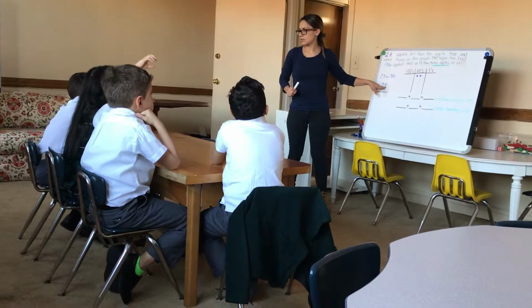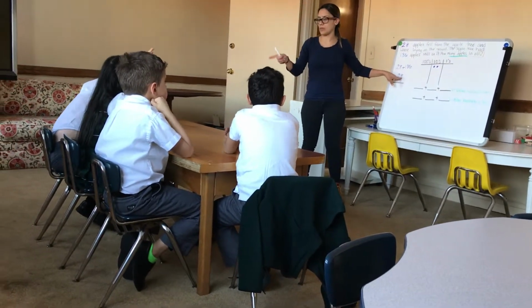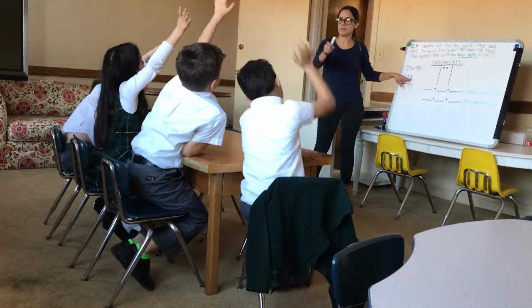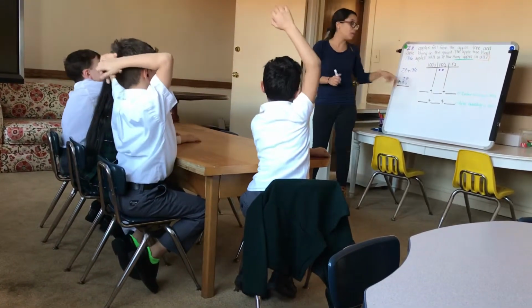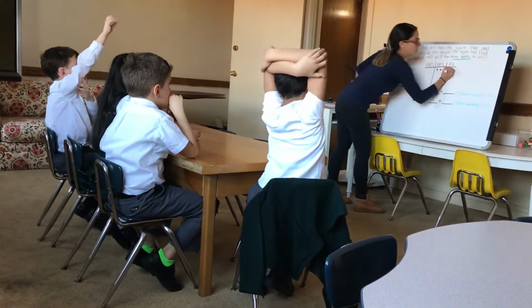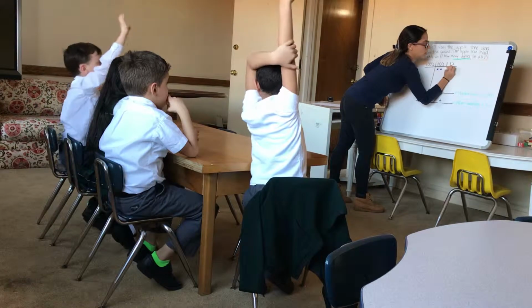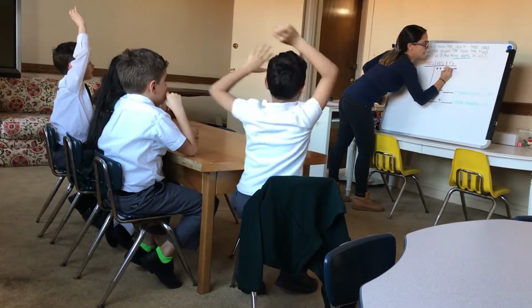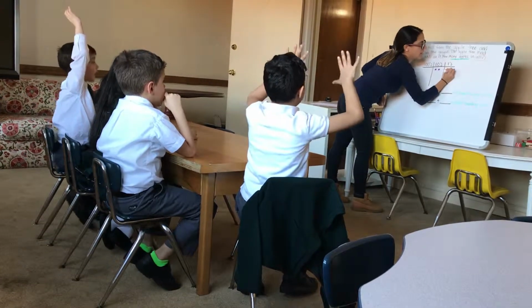Add 136 to that chart. Before we do that, what's the next step? We have 20, but we still need how many more? 8 ones. So how many do I have to put in my ones? 1, count with me. 2, 3, 4, 5, 6, 7, 8.